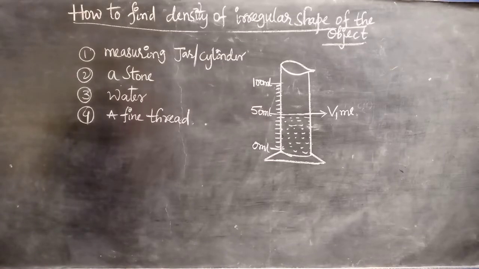These are the materials required to find the volume of an irregular shaped object while finding its density.